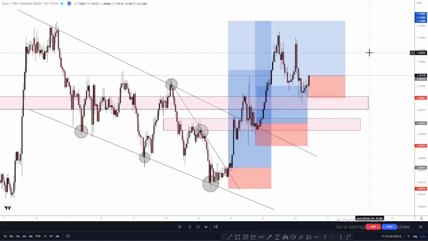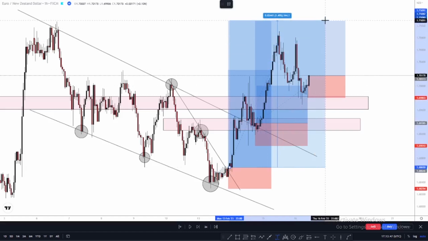You get me? So this is how I had 3 entries just on this pair. If we are to measure from the breakout of our inner trend line to our take profit, we can see that price moved 242 pips. You get what I'm saying? Yeah, you can see that price moved 242 pips.